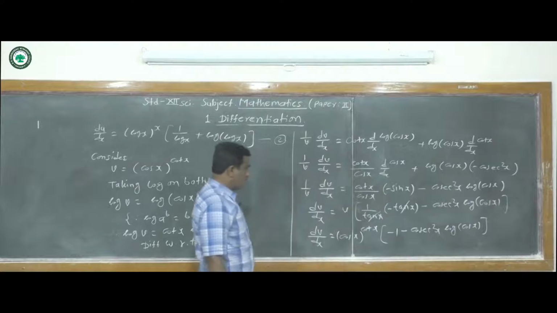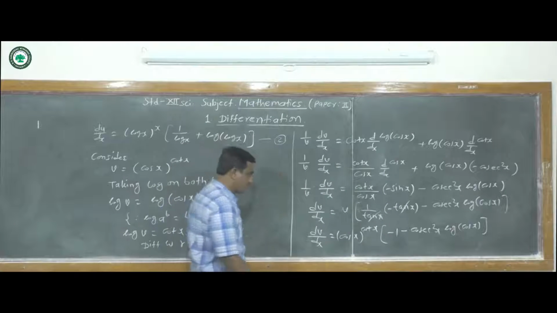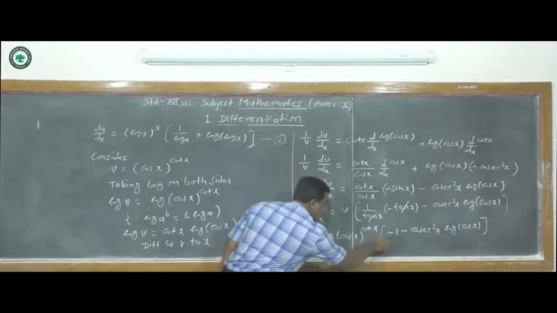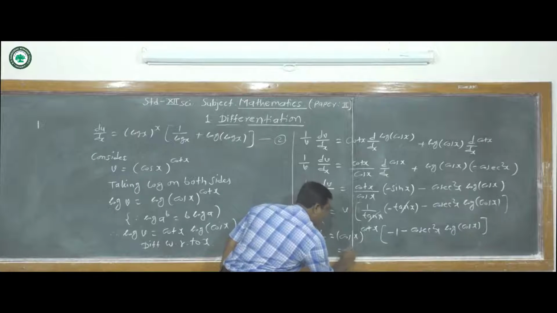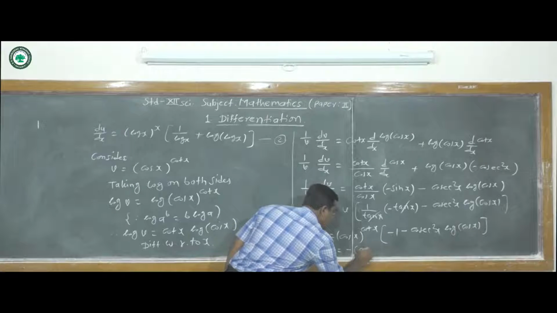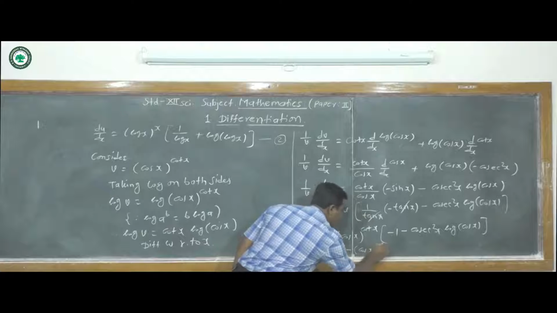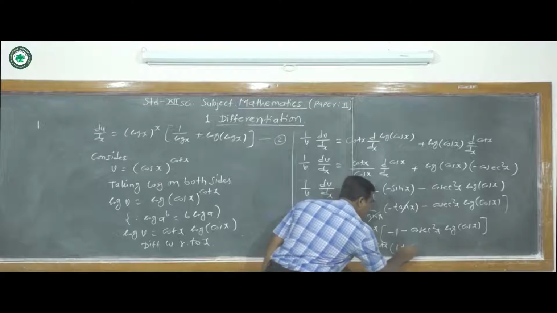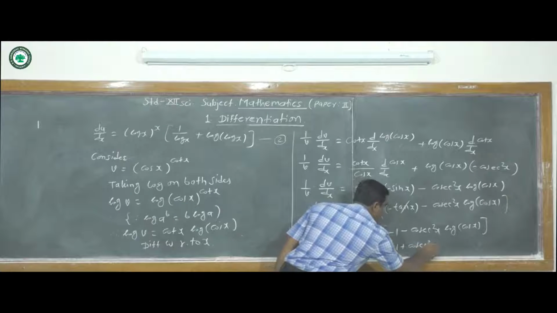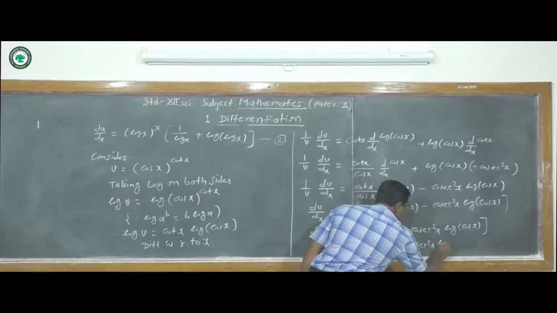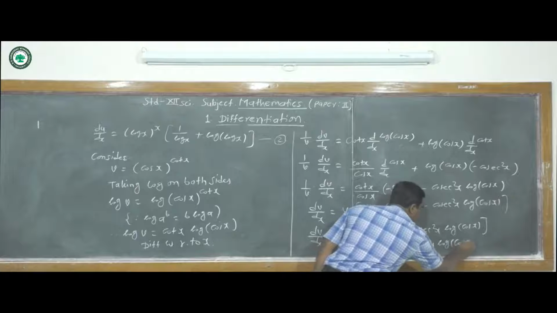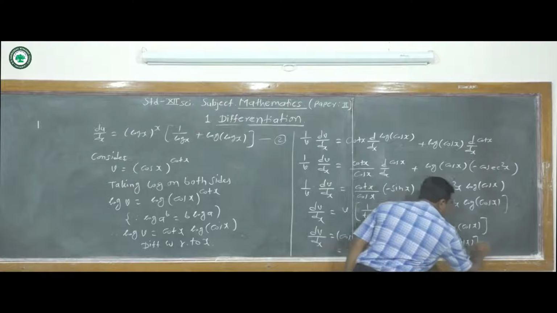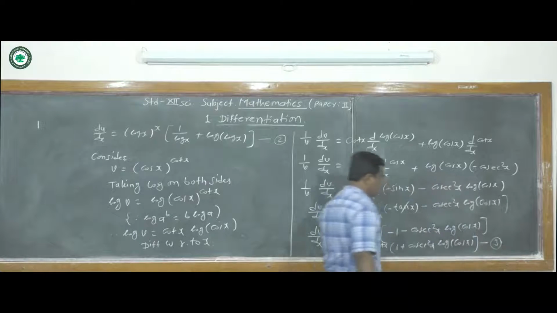Okay. Now we can take the minus sign common: minus into in bracket cos x bracket raised to cot x into in bracket 1 plus cosec square x into log of cos x. Say this as equation number 3.